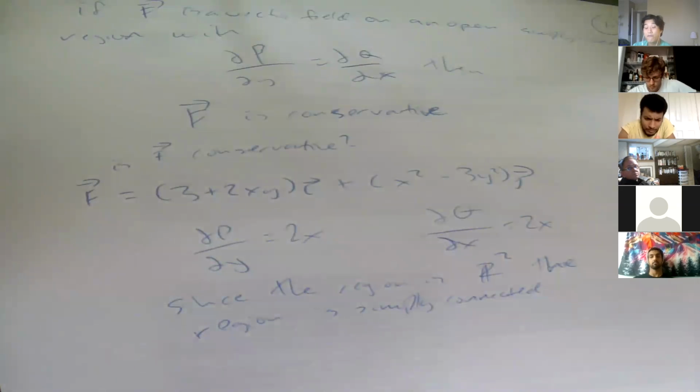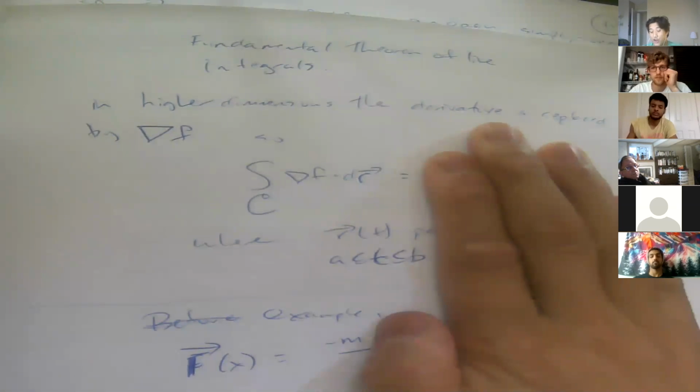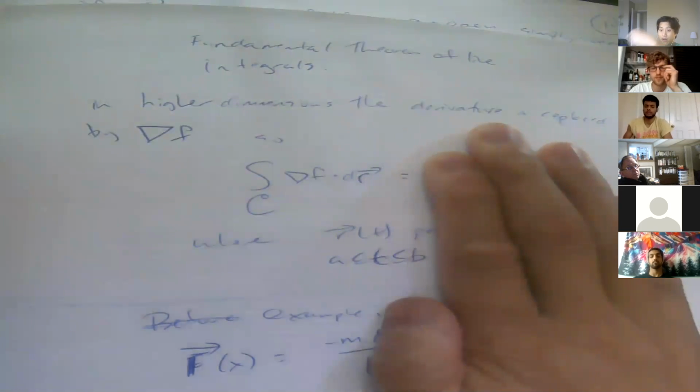So now we have a very easy way to check if a vector field is conservative or not. Okay? Now, what is the last thing we need? Let's say I have this giant stack of papers. I have this part. I know it's conservative. What do I need to solve this integral?